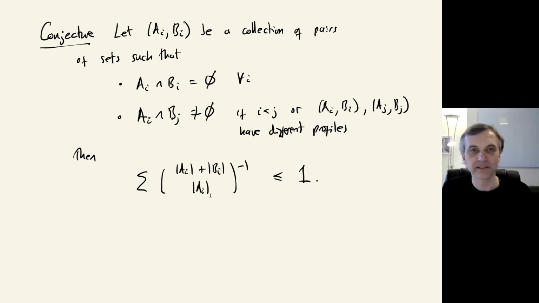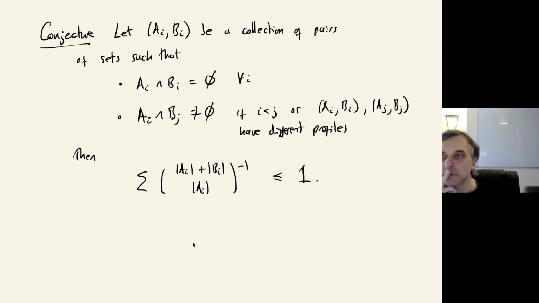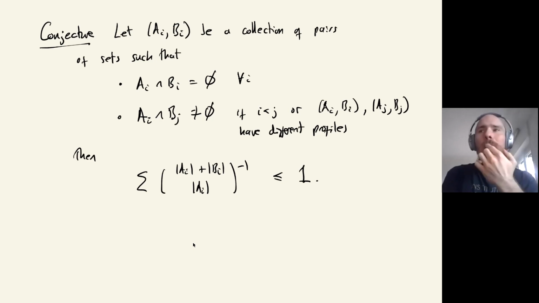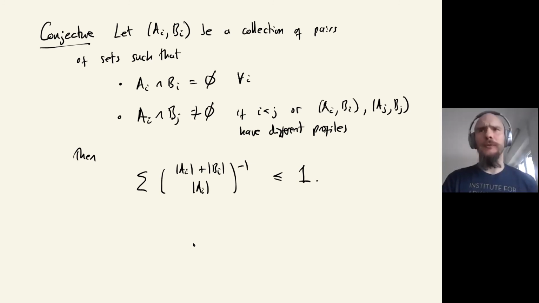For this conjecture, when you say profile, you mean an ordered pair or not an ordered pair? Yeah, ordered. Okay. One random thought that I had about a similar statement is, what if you require the A_i's to form an anti-chain? Would it be meaningful? Because in the previous examples, you had a lot of containment, right?